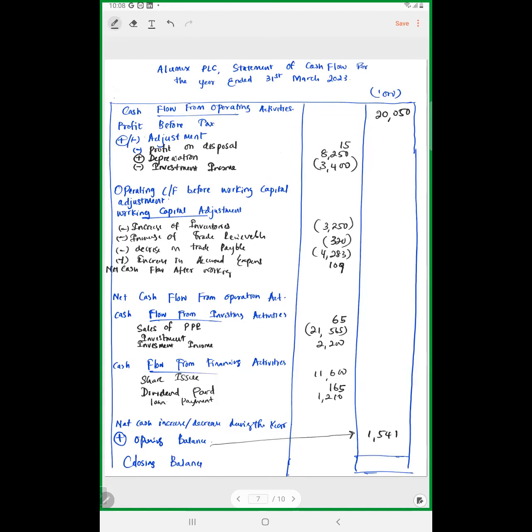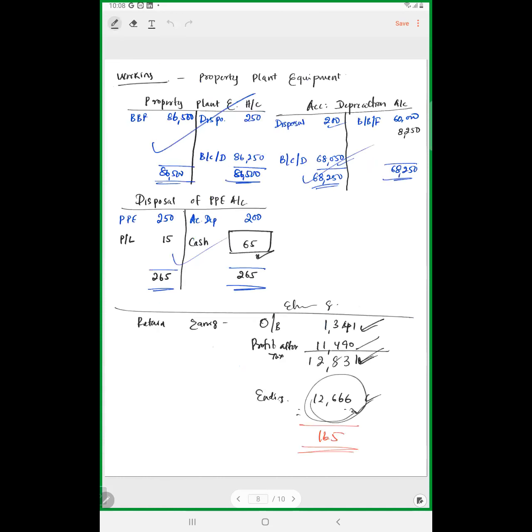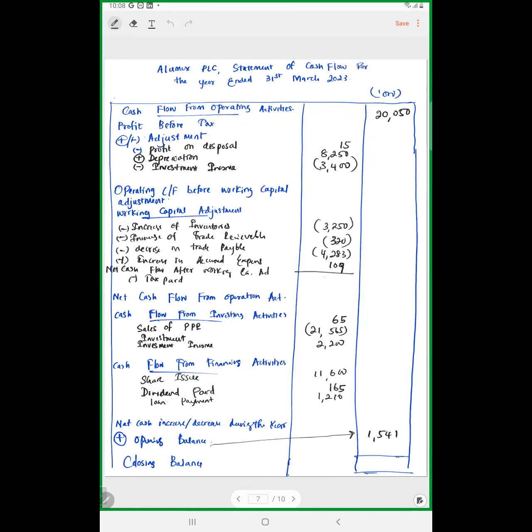Net cash flow after working capital adjustment and deduct tax paid: 7,460.